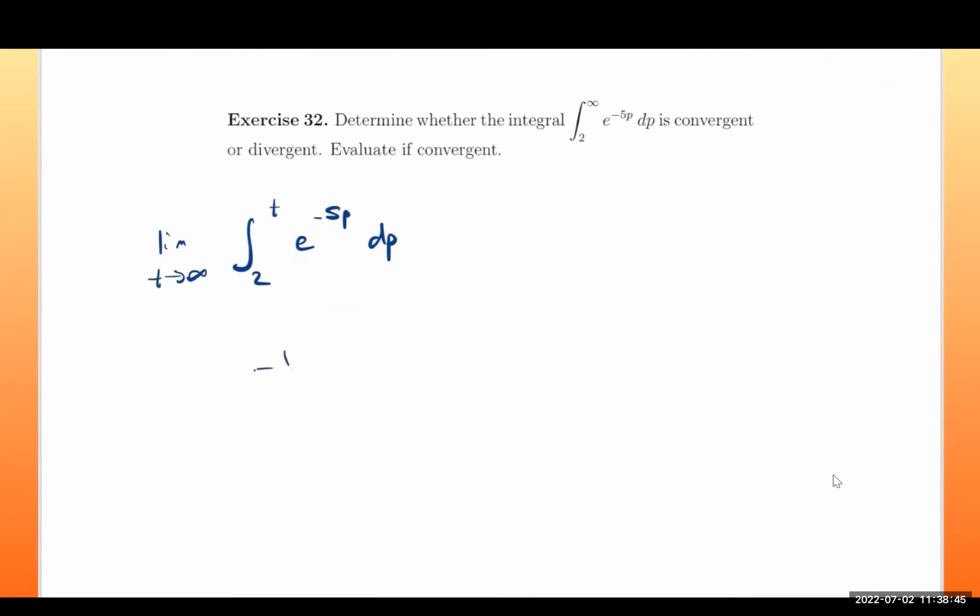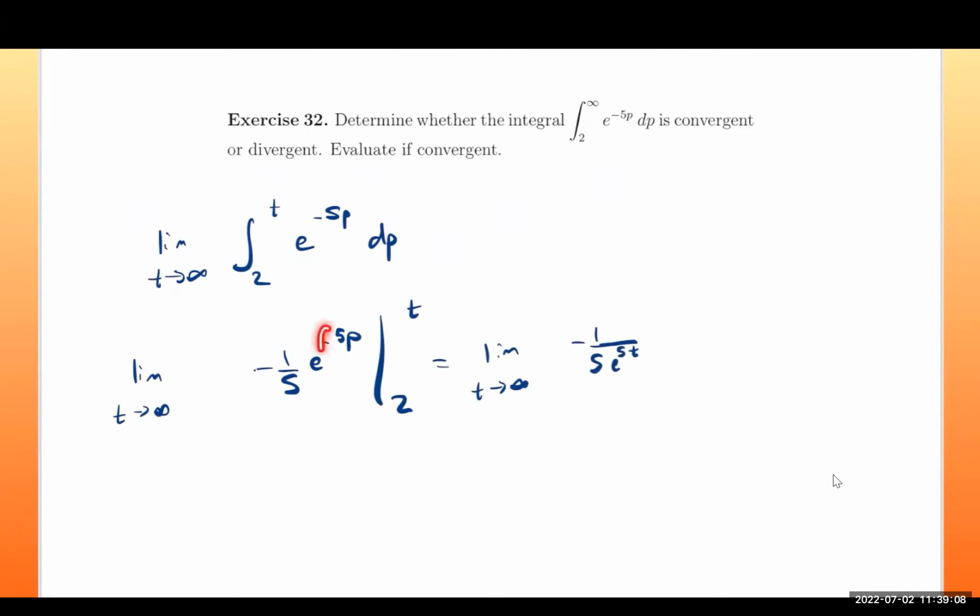So to find the antiderivative, that would simply be negative 1/5 e to the negative 5p from 2 to t, limit as t approaches infinity, which would then become the limit as t approaches infinity of negative 1/5.